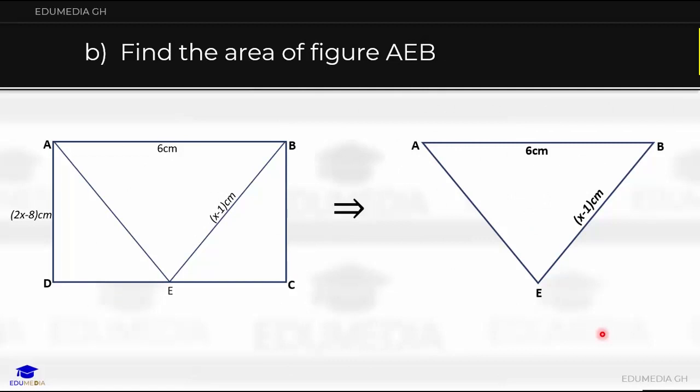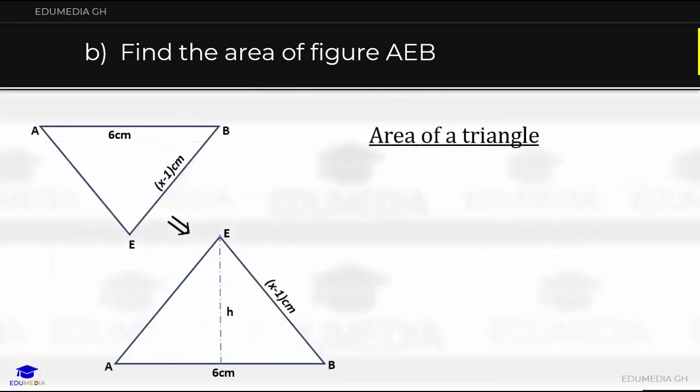The next question is for us to find the area of figure AEB. Taking the figure AEB out, this is what we have. Remember that this line here is x minus 1 and this line is 6 centimeters. This is a triangle, and to find the area of a triangle we use the formula half of base times height.